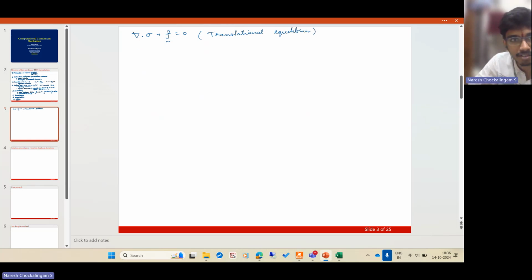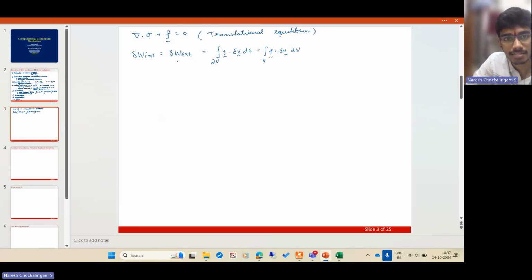We saw that the statement of this, along with the symmetry of the Cauchy stress tensor, is exactly equivalent to stating that the internal virtual work done is equal to the external virtual work done, where the external virtual work done is the integral over the surface of T dot del V dS, plus the integral over the volume of F dot del V dV.